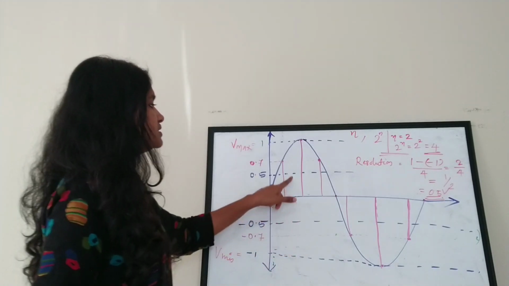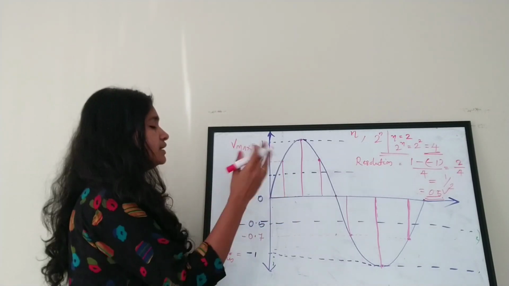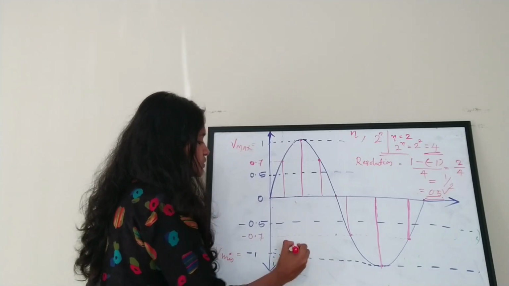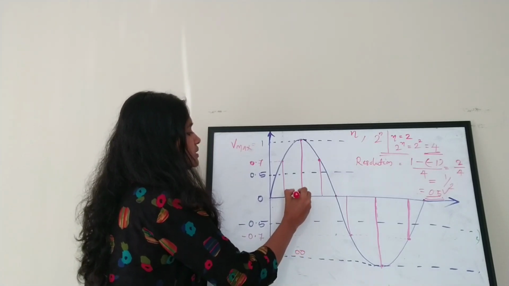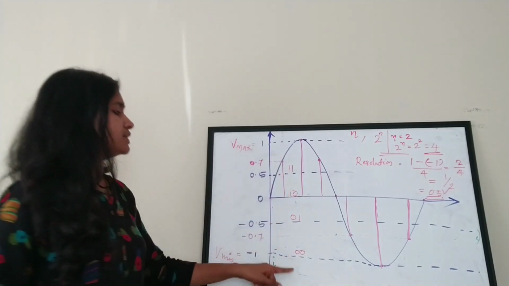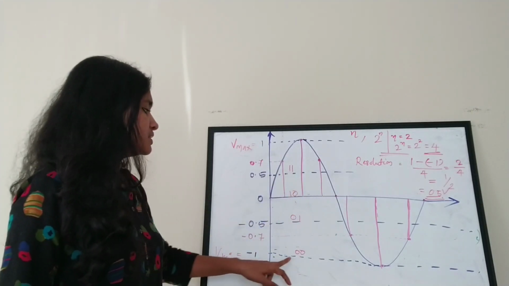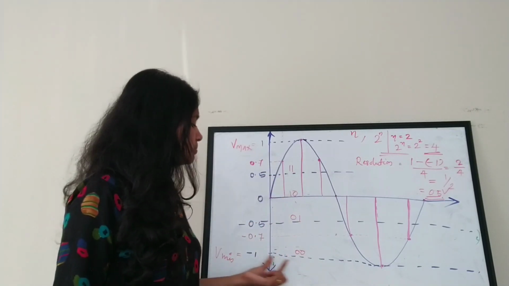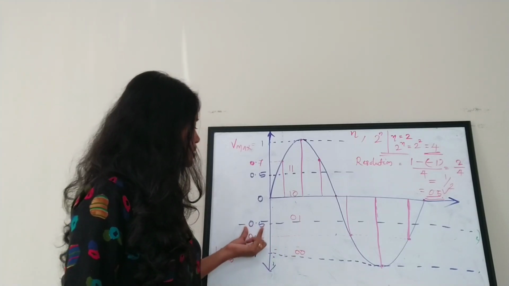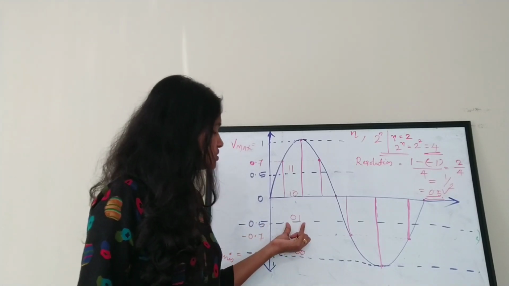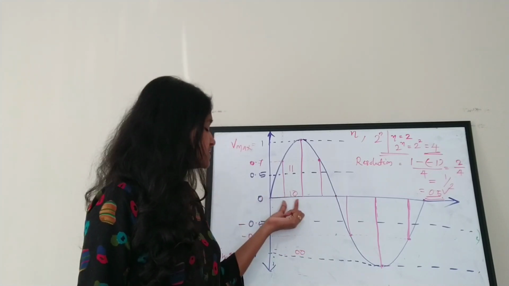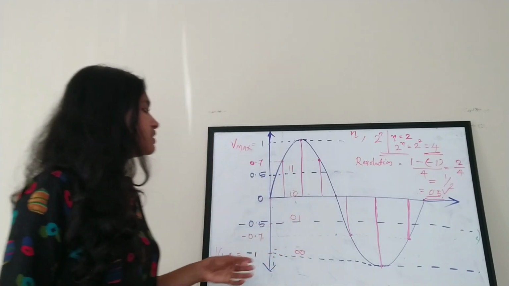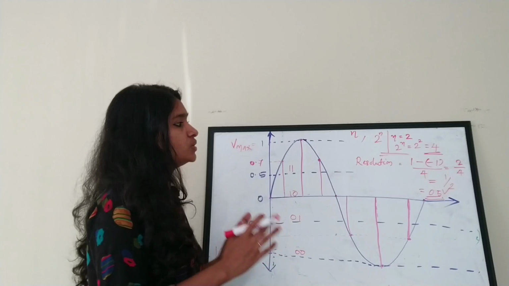Since the number of bits is 2, the digital values will be 00, 01, 10 and 11. These blue color lines represent the quantization levels. Minus 1 volt is represented as 00, minus 0.5 volt as 01, 0 volt as 10, and 0.5 volt as 11. So these 4 levels are the quantization levels of this particular ADC.